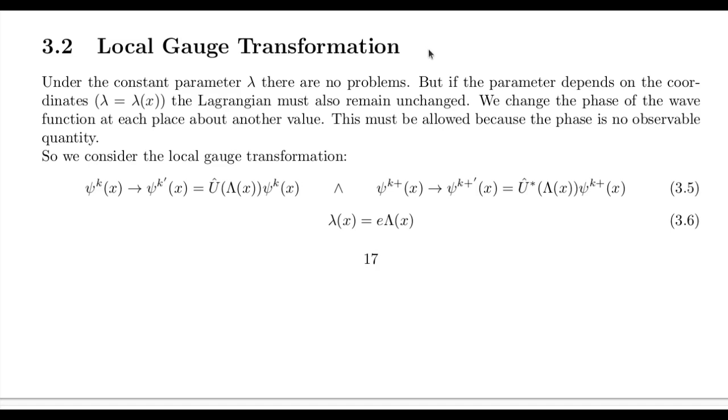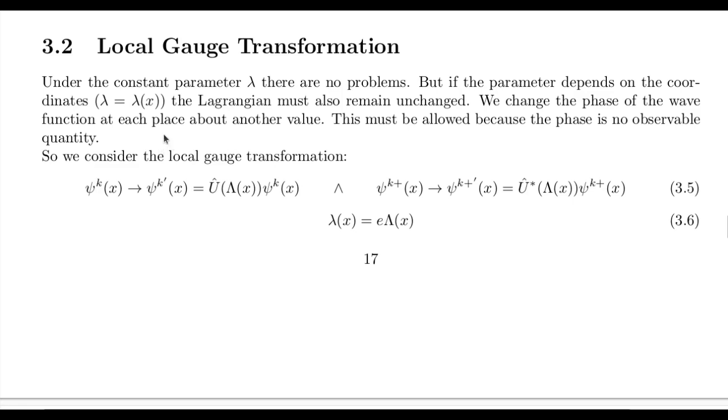That makes no difference to what we measure, what we observe. And so it must be possible to work with a parameter that is dependent on the space-time coordinates. So the Lagrange density function must be transformation invariant again.